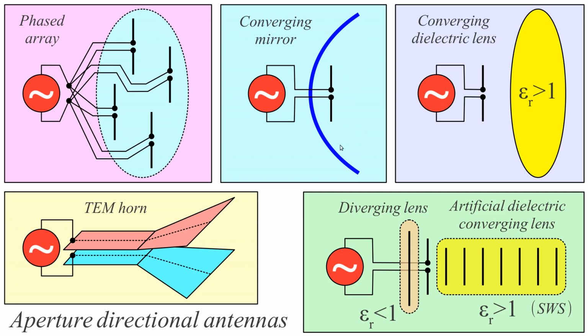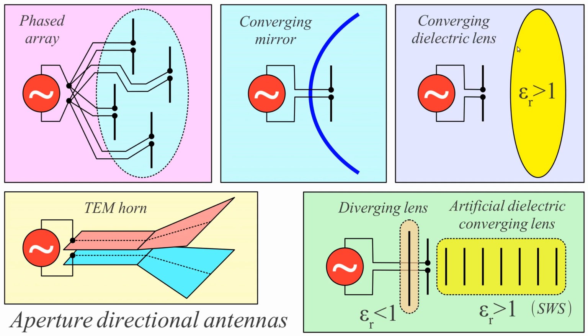So a converging mirror is certainly an optical solution to the same problem, and there are many possibilities for making this converging mirror. If it's just a single mirror from a point source to infinity, this should be a parabolic mirror. There are also other possibilities, antennas with many mirrors like Cassegrain or Gregorian telescopes. All this can be borrowed from optics, provided that the mirror is quite large compared to the wavelength.